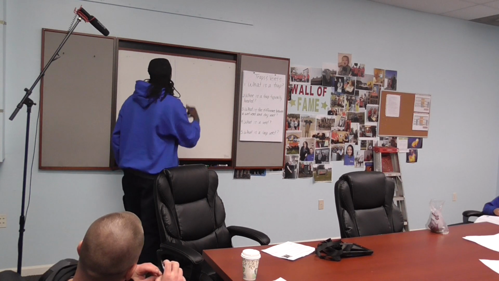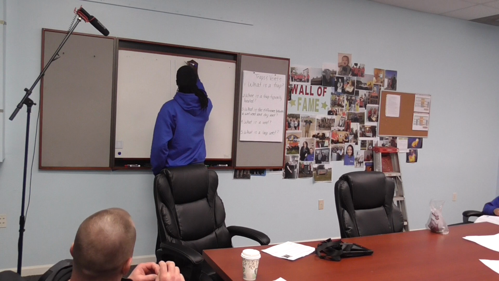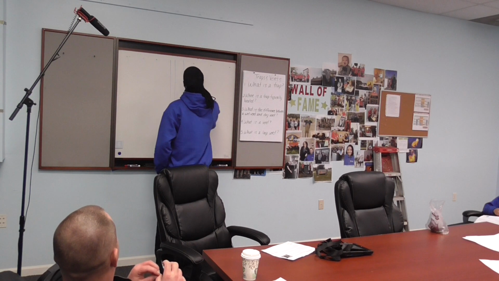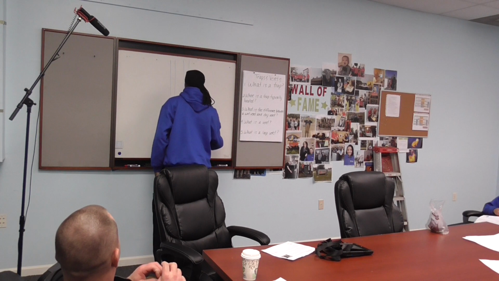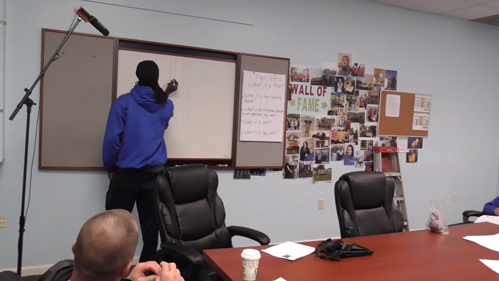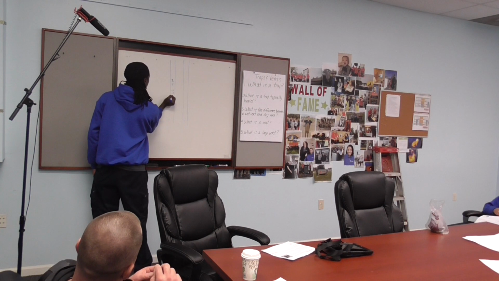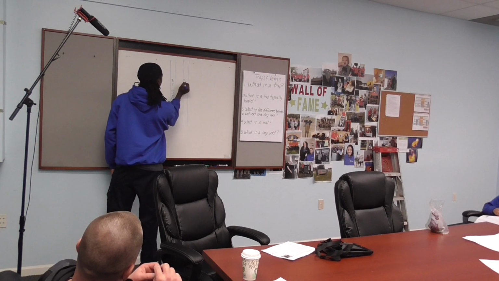They were on the side. So basically what we did was we ran pipe all the way through every floor. This is my soil stack. This is my vent stack.